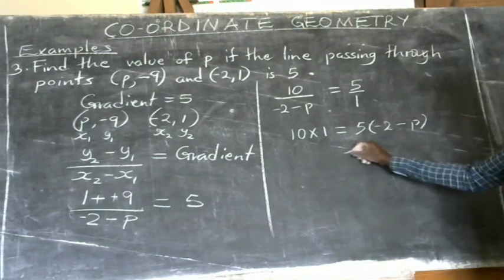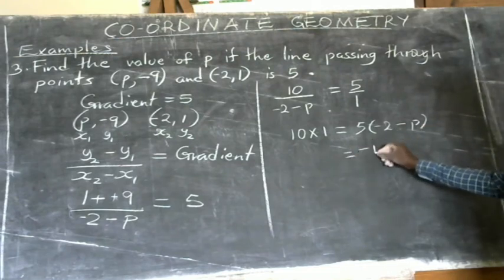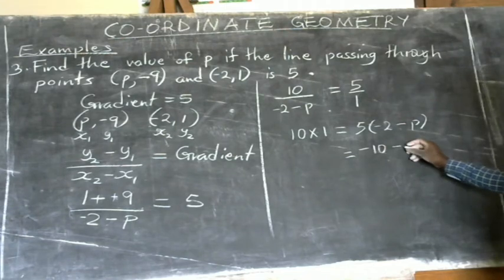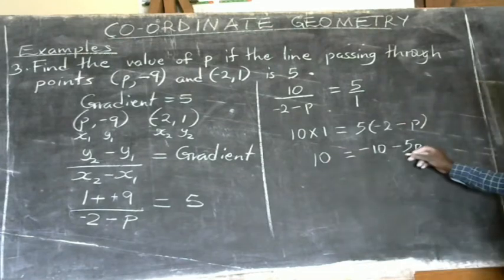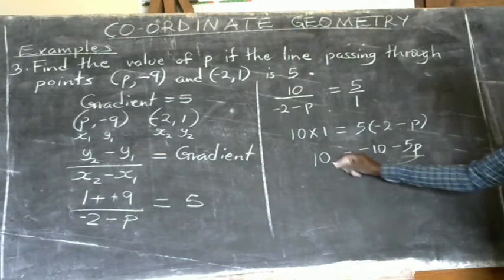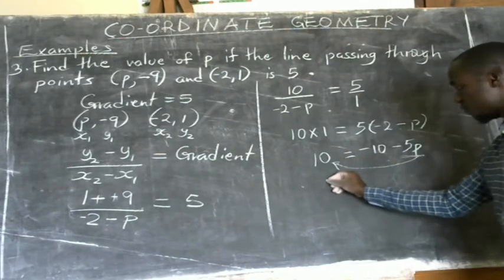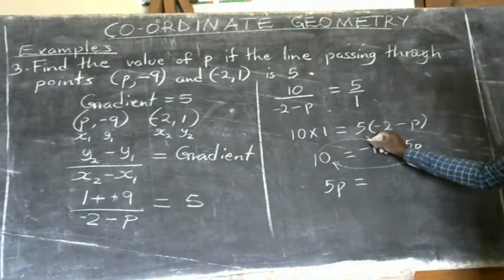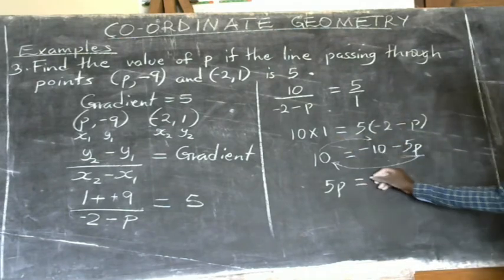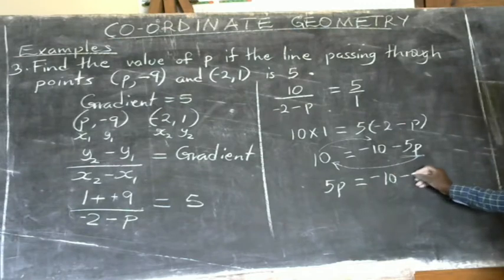Opening brackets this side, this is going to be negative 10 minus 5p is equal to the other side 10. So when I take the negative 5p the other side to become a positive, I take the 10 this side to become a negative, so minus 10, then minus 10 there.